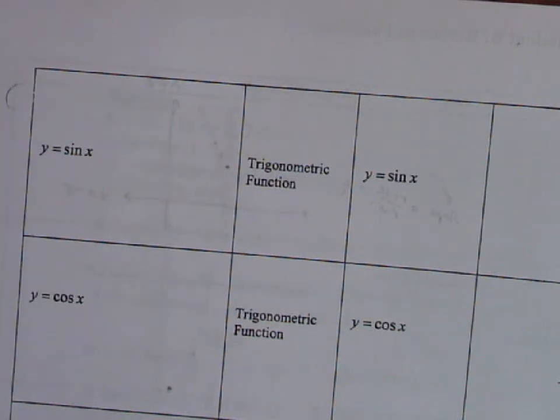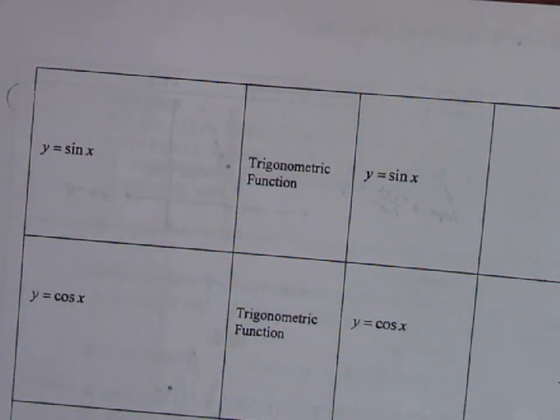I just want you to remember the vertical stretch or compress or vertical shift. That's it for now. Because later on we are going to look at trigonometric functions in more detail.